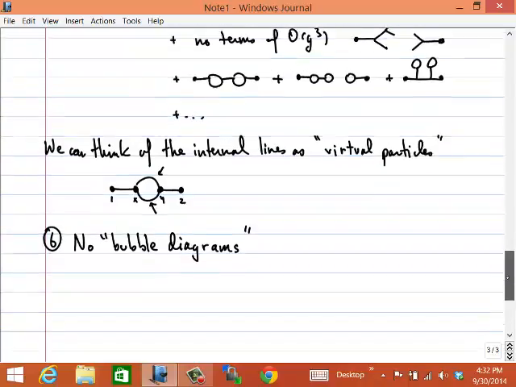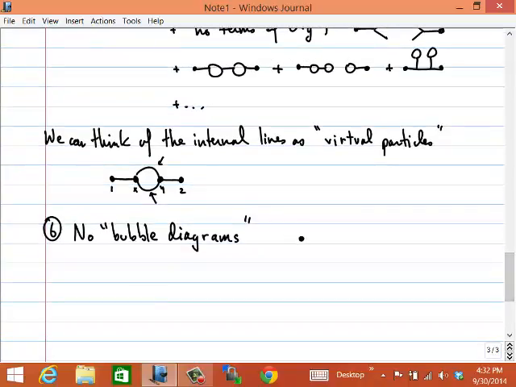So, for example, we forbid things that look like that. If you think about it, all that we're doing when we forbid things that look like that is demanding that our vacuum state stays normalized.